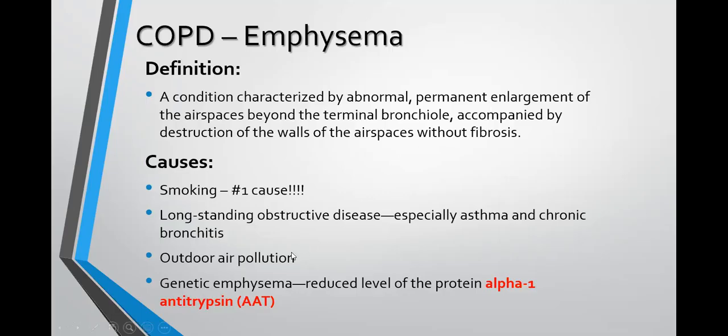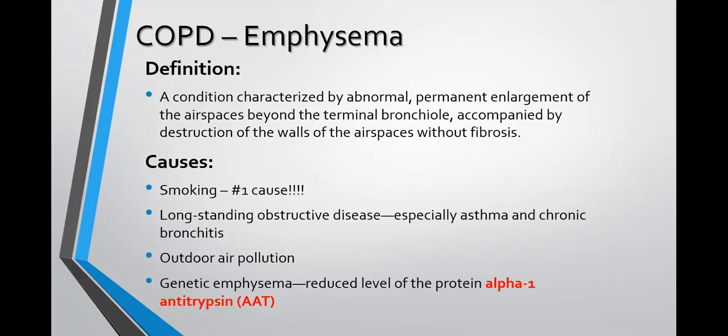Outdoor air pollution. Outdoor air pollution can destroy the lungs. Another thing, it can be genetic. Emphysema can come not even from smoking. That's the number one cause, but it can come from not smoking. It can come from just genetic, and that will be a reduced level of alpha-1 antitrypsin.